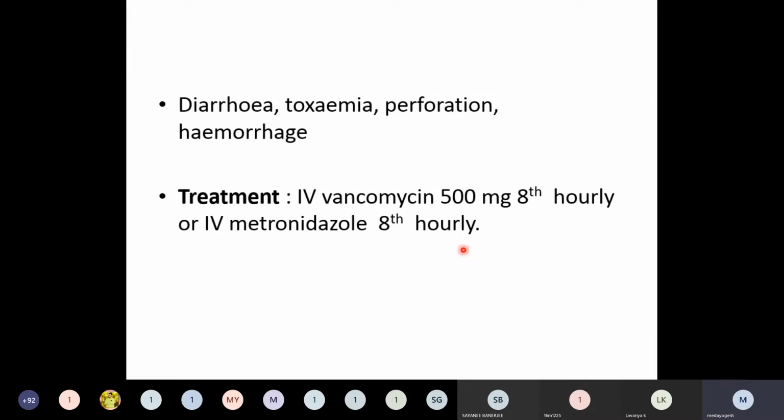It is systemic antibiotics in the form of vancomycin or metronidazole, which has to be given every 8th hour for at least 5 to 7 days. So this is the treatment. Surgery is indicated only if the pseudomembranous colitis is very severe and involving most of the colon, producing either perforation or a severe hemorrhage. Otherwise it is usually conservative management with IV antibiotics for a few days.